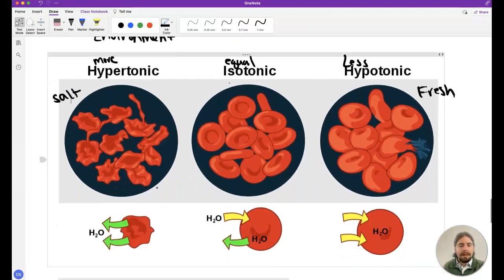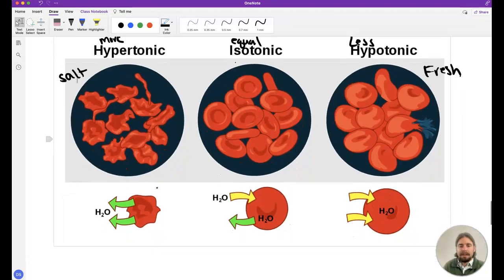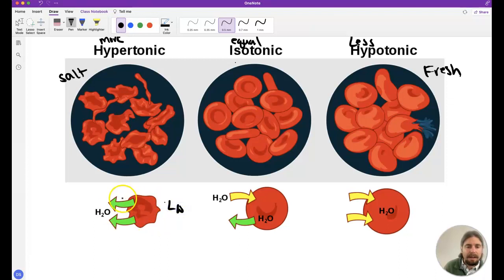So what this does is this influences the movement of water in and out of the cells and can change the behavior of the cells themselves and provide different challenges for organisms. And so if we have a low water concentration on the outside and a high water concentration on the inside, we're going to see the movement of water leaving the cell as water chases solute.